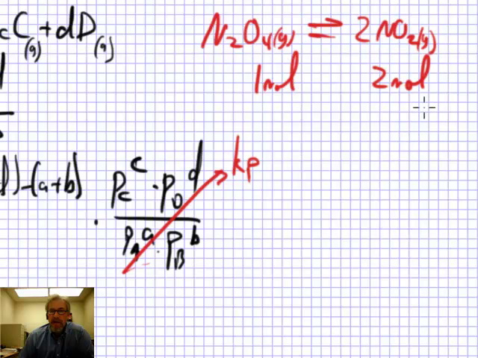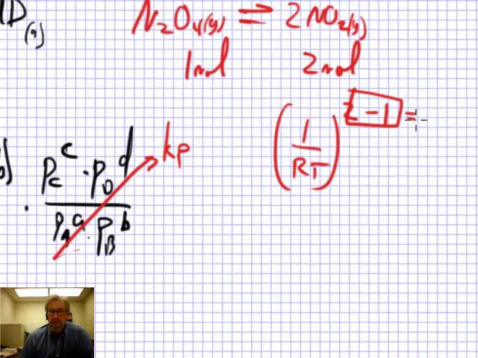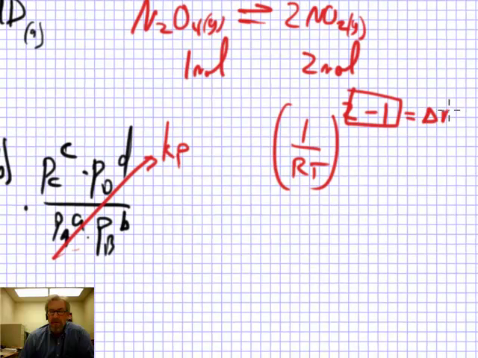So in this real situation, that 1 over RT would be raised to the 2 minus 1 mole of gas. Since we're only interested in gases here, that difference that we're looking at, in this case, which is 1, that's really equal to the change in number of moles of gas, because only gases are important in this expression.